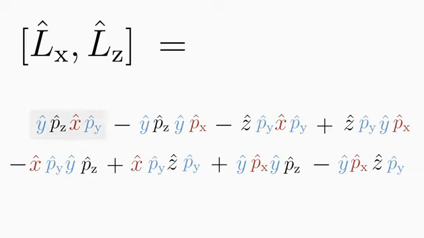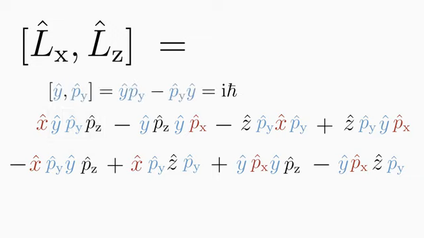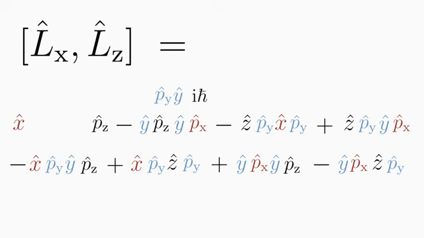In the first term, we can put x at the beginning because x commutes with y as well as with pz. We can also put the operator py in front of pz, but not in front of y because the commutator of y and py is not 0 but is equal to i h bar. Therefore, we must replace y py with i h bar plus py y.